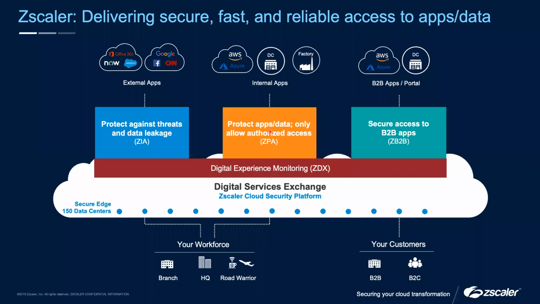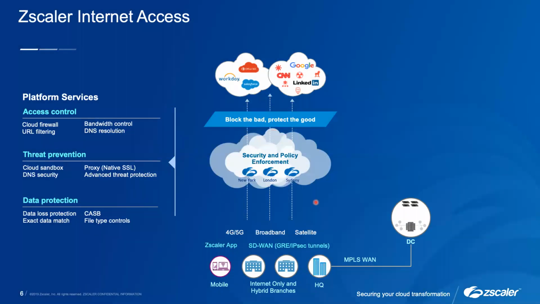Now, let's get a little deeper into Zscaler Internet Access and how we are achieving this. On the Zscaler Internet Access side, we've got multiple data centers all across the globe. Your users would either be mobile users working from their homes or office locations or your headquarters.